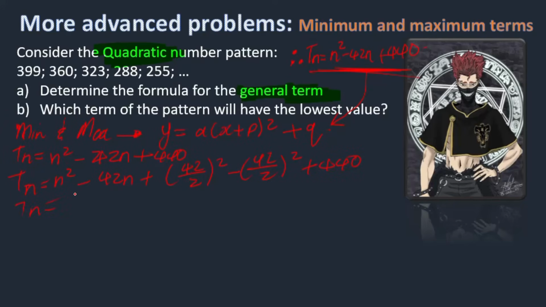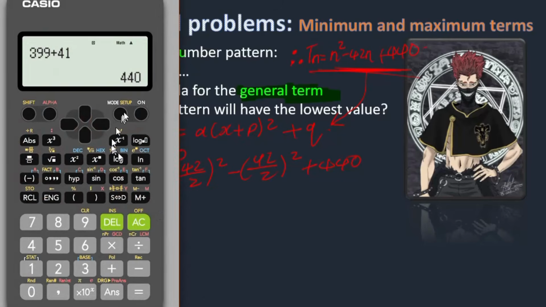Then I just use a calculator for the other things, but let me write this one. n squared minus 42n plus, let's see this one, 42 over 2, close bracket, squared, 441.